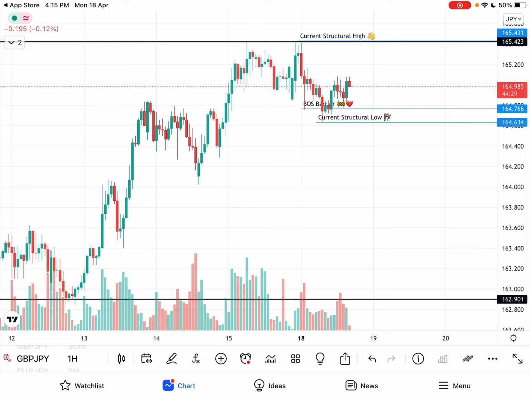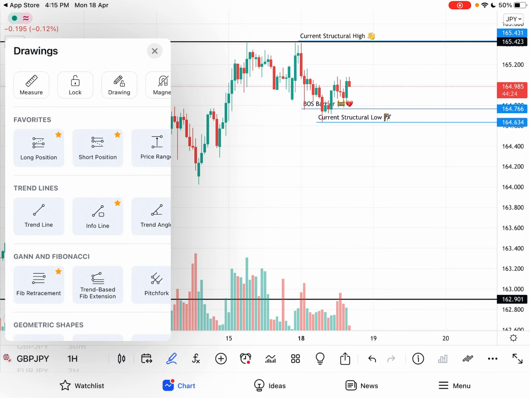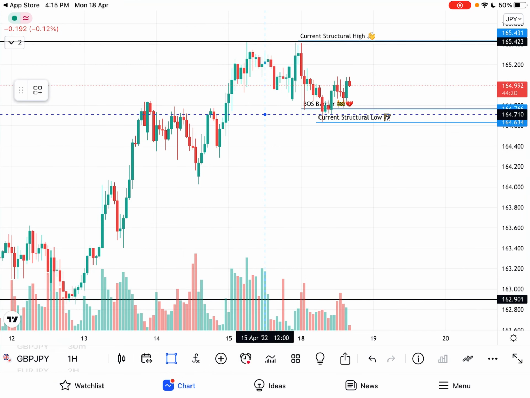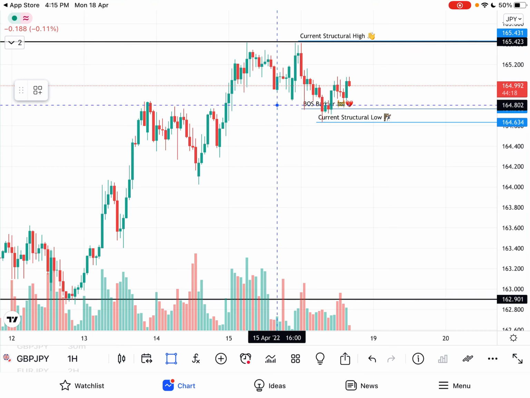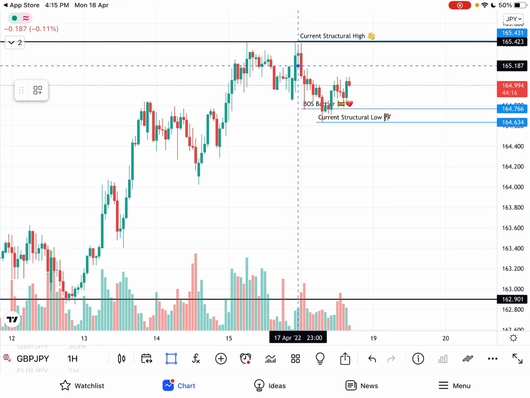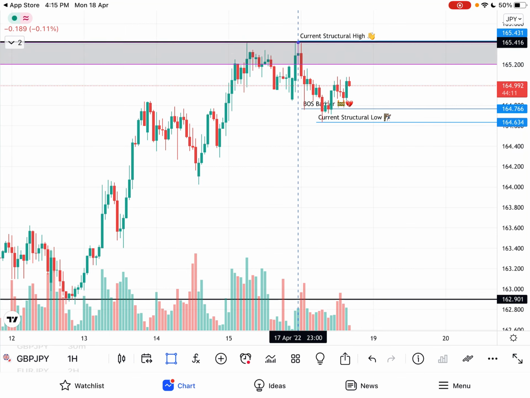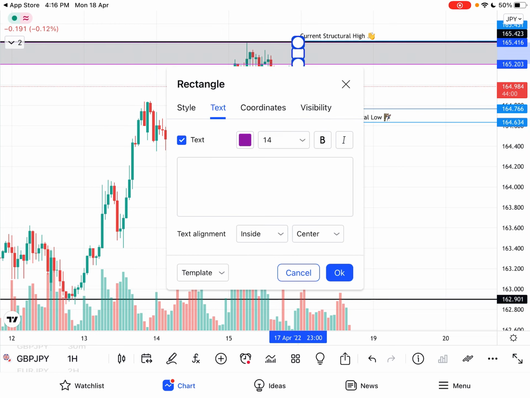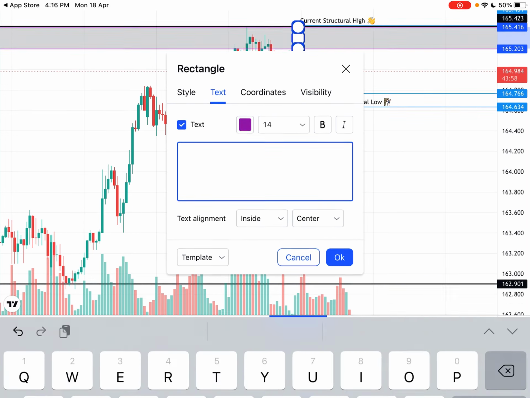So now you ask yourself the last bearish candle, so this one. We'll use a rectangle and capture this candle, length to length. So now this gray area is going to be our order block, the place we'll be looking for sell opportunities.